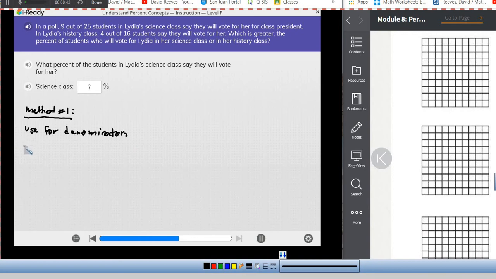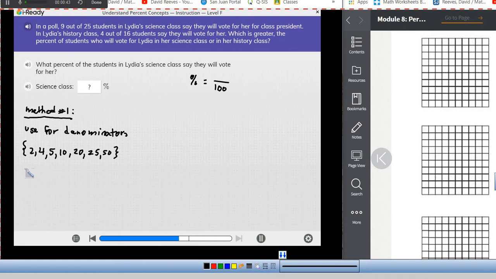So use it for denominators of 2, 4, 5, 10, 20, 25, and 50. Remember, percent is a ratio over 100. So if we have a denominator of 2, 4, 5, 10, 20, 25, or 50, they are factors of 100, so we can quickly change that denominator to 100 and get to a percent.